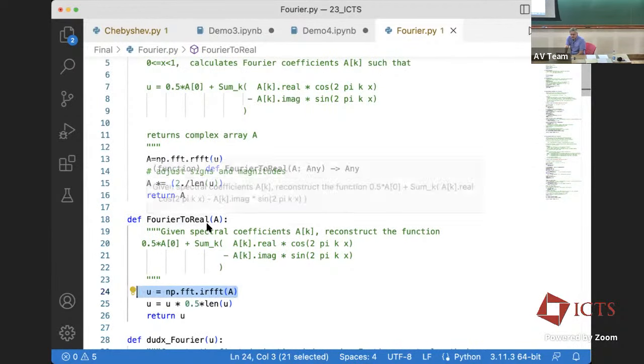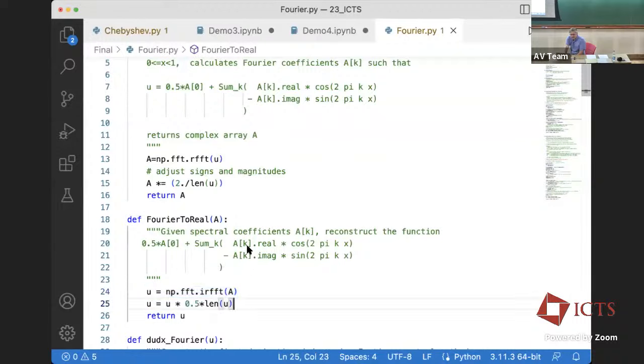Going back, the same. The function Fourier to real of some coefficients A can be done with an inverse Fourier transform call. And if you want to have nice meaning of the coefficients, we have rescaled the spectral coefficients up here. It turns out we also have to rescale when we're going back.